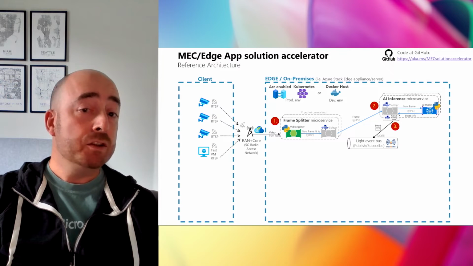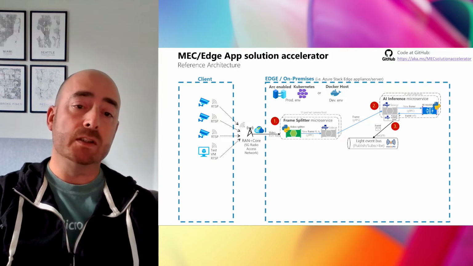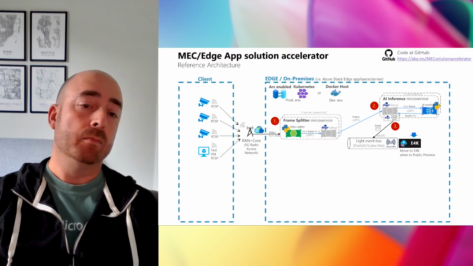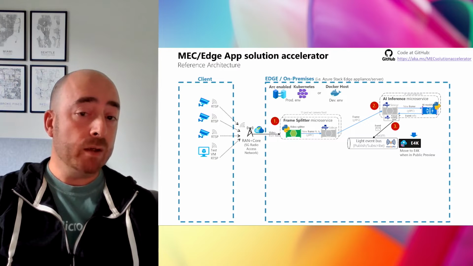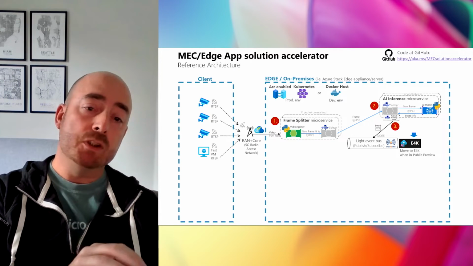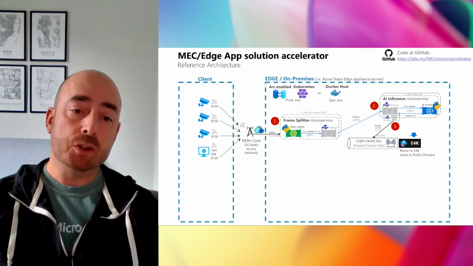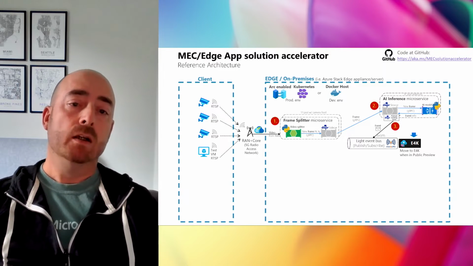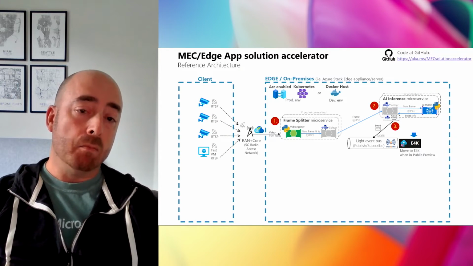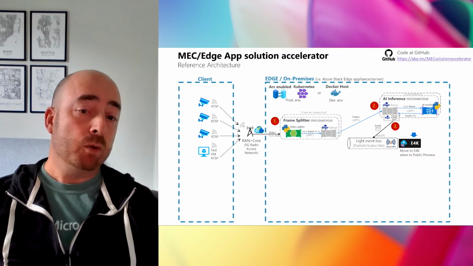So it's like an interface that we use, and so we can replace in the future this messaging broker with E4K, which is an MQTT broker from Microsoft, like, let's say, a mission-critical MQTT broker, but it's in private preview right now.